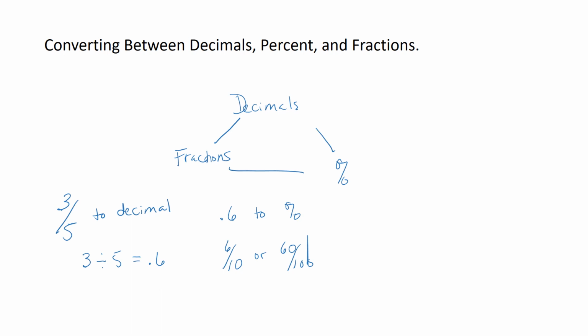But what's 60 out of 100? 60%. And then if I want to go back to a fraction, 60 out of 100 would reduce to 6/10, which would reduce to 3/5.